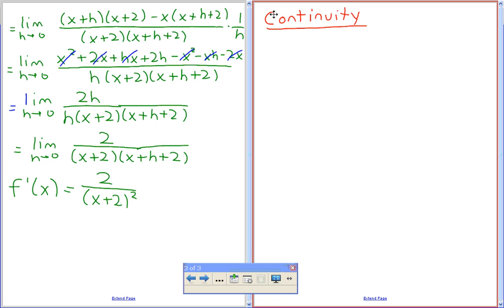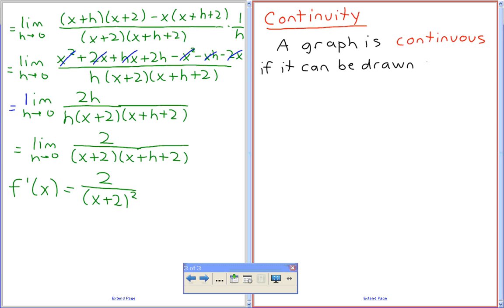Today's lesson is on continuity. A graph is continuous if it can be drawn without lifting your pencil.